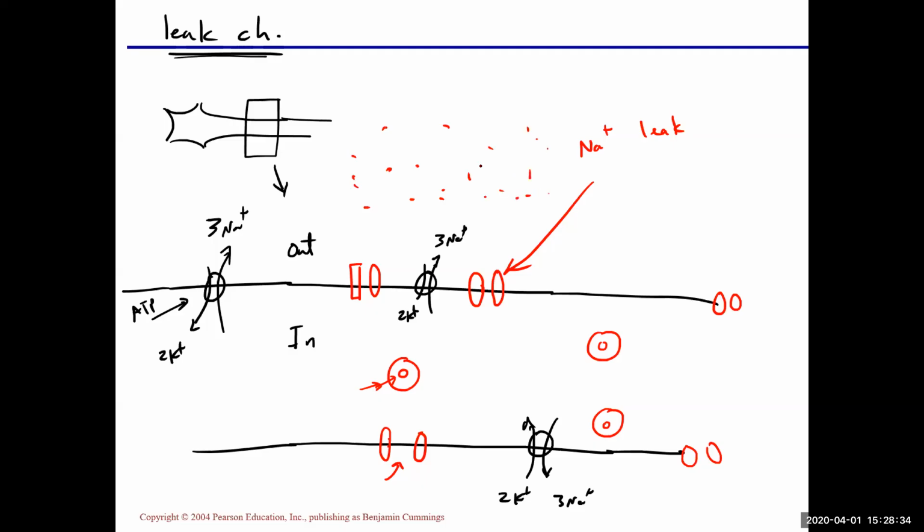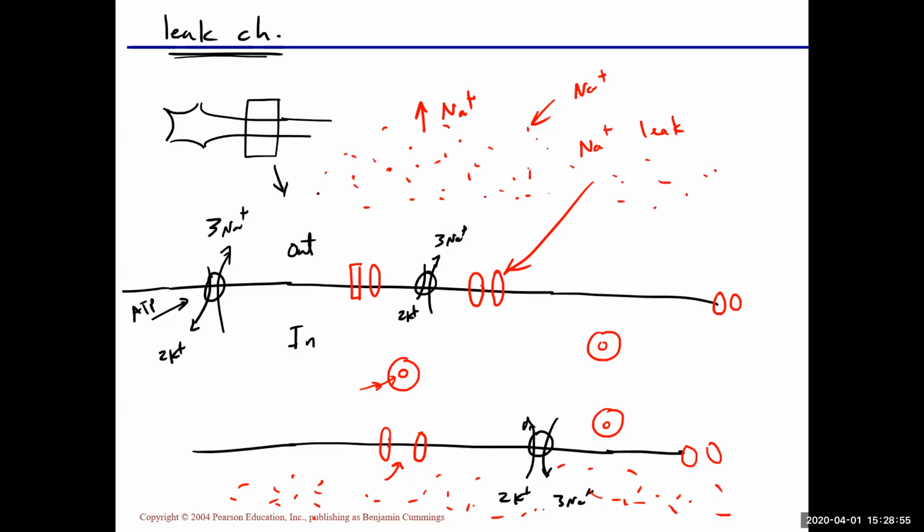That's what's going to happen. So higher sodium concentration happens to be on the outside. Pretend these dots are sodium ions, cations. So you'll see a lot of sodium on the outside.